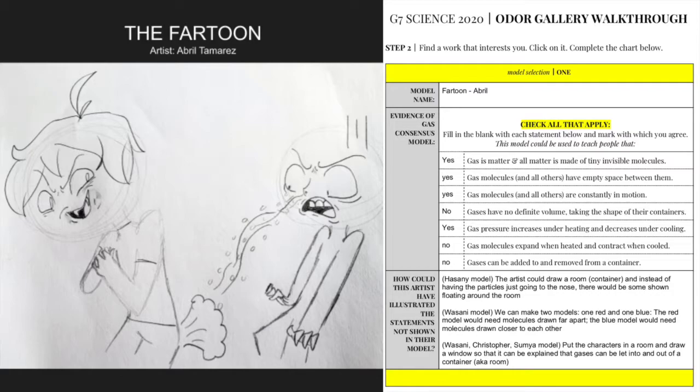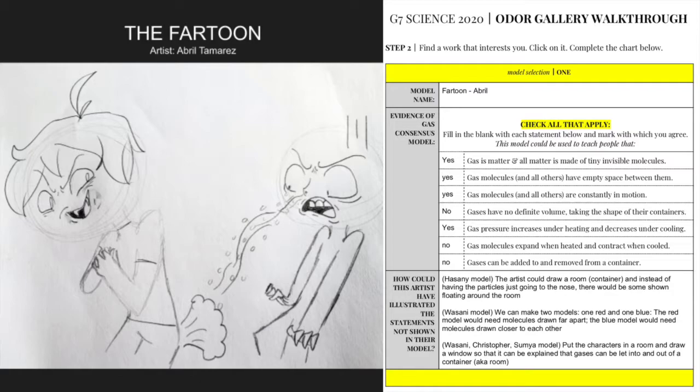What do we think as the model stands right now? Does it show that gas can be added to and removed from a container? Wasani says no. Nevaeh says no. Right now, the artist hasn't given us any way to know where in space these two characters are. So if we drew a room and a window, like Sumya said, we would have put this scene inside of a container, and then we could use this model to show how gases fill the container.